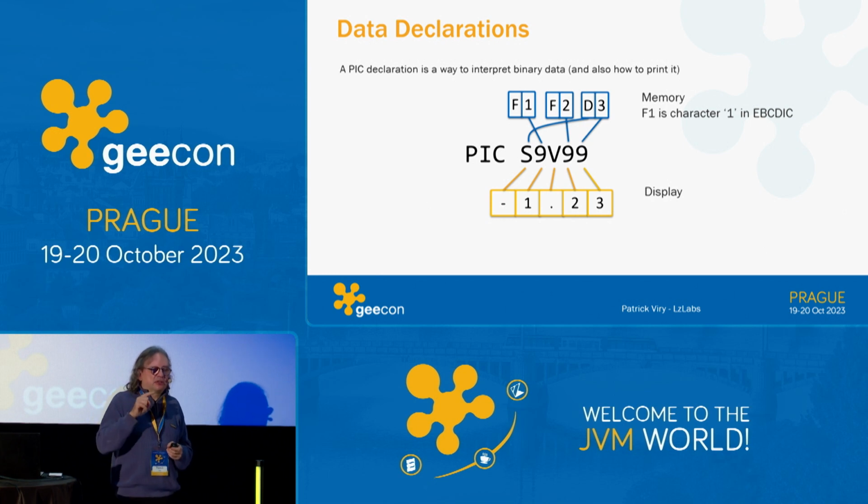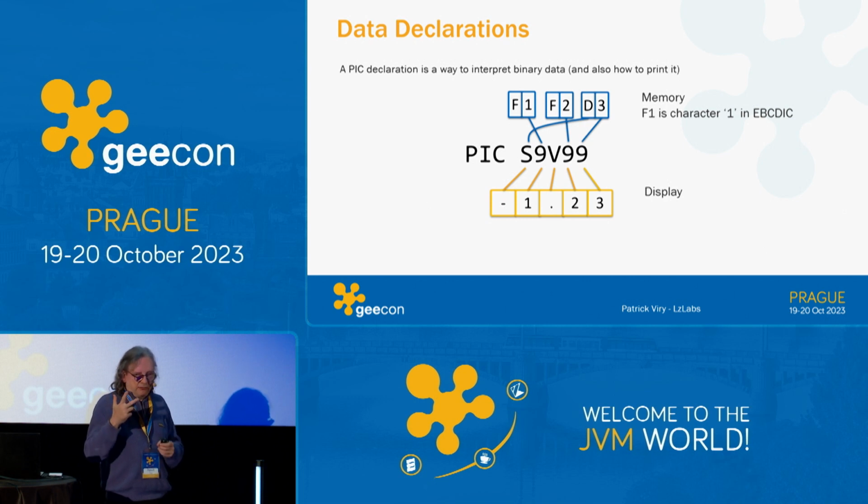S stands for the sign. 9 stands for 1 decimal digit. V stands for the decimal dot. So here we have something that possibly has a sign, has 1 digit before the decimal dot and 2 digits after the decimal dot. Okay? So below you see how this would be displayed.